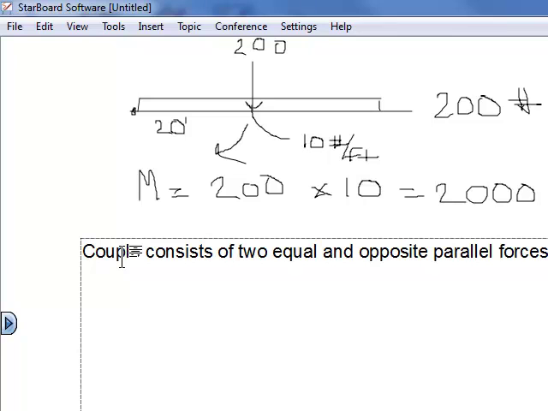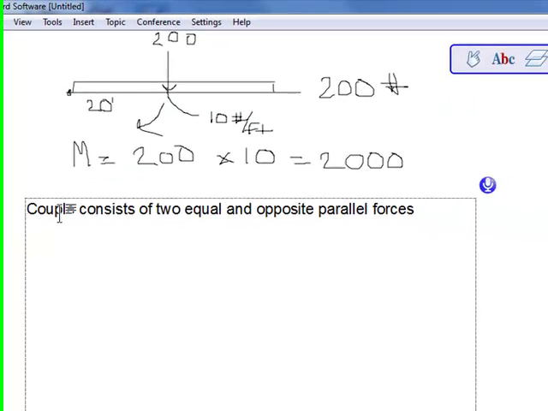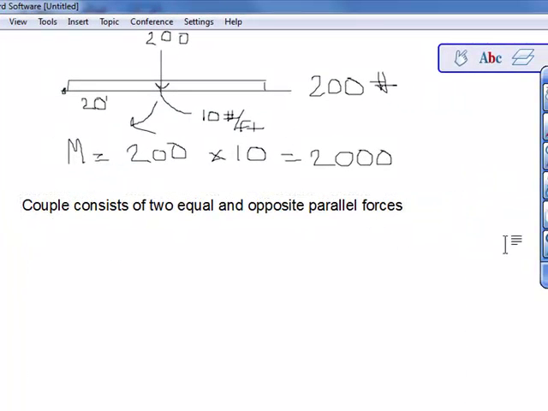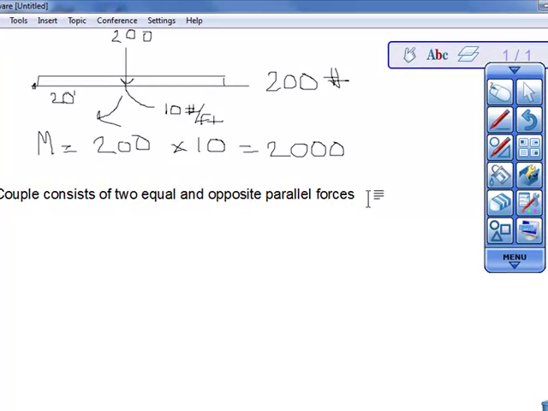The moment of a couple is the shortest distance between them times the magnitude of one of them, or the product of the distance and force. Let me write that out for you too, because I'll put this on Canvas.